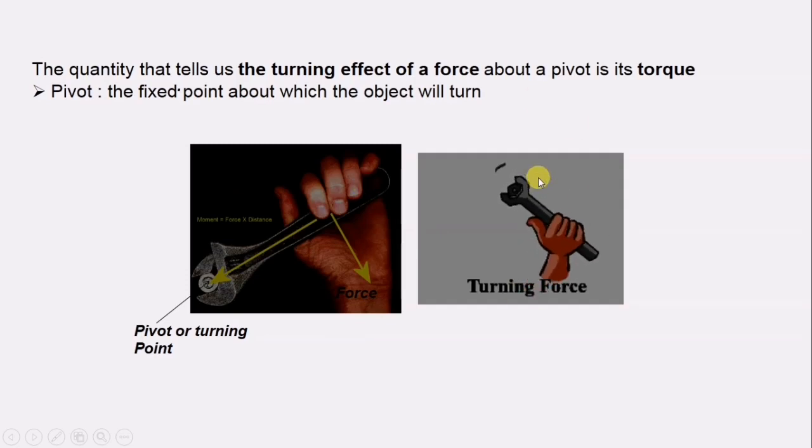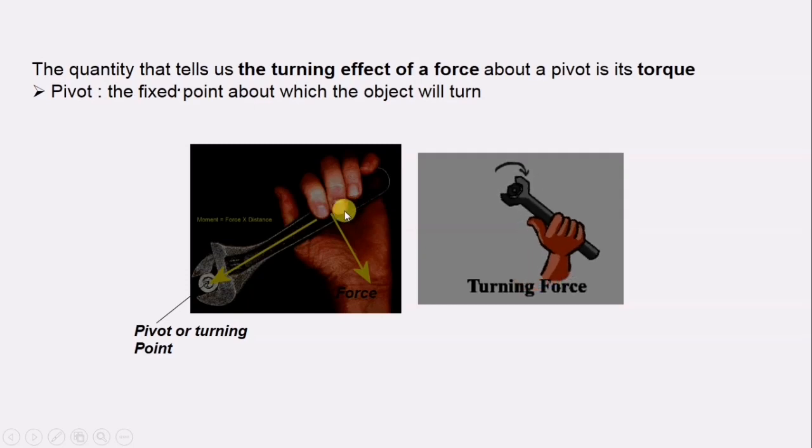So the force you can exert, like the force exerted here by the hand on the wrench, this force causes, as you can see, the wrench to rotate. Why? Because this force is applied on the wrench around what? Around a fixed point called pivot.